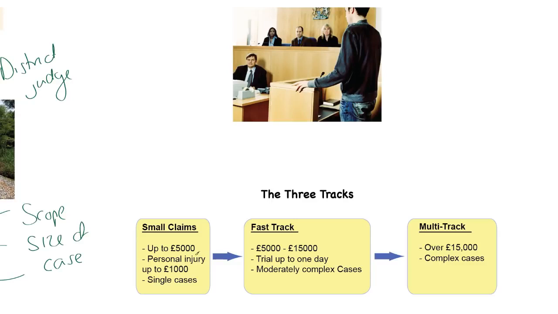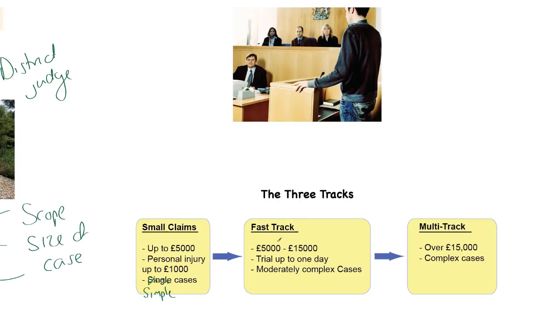And remember what I say, the court questions are so easy that you should be picking up full marks for them. In summary, small claims are claims up to £5,000 with personal injury up to £1,000 and are normally, that says single, it should say simple, which obviously is what I am, figuring that wrong. So, and they're normally simple cases.